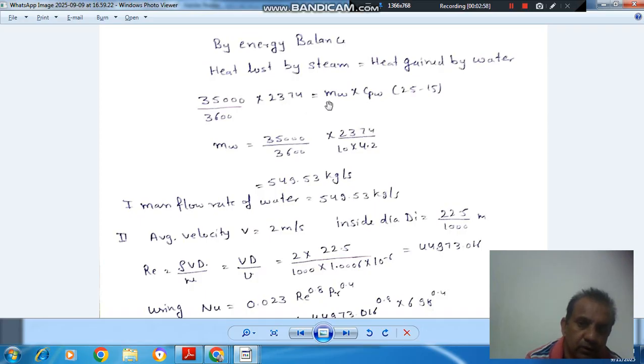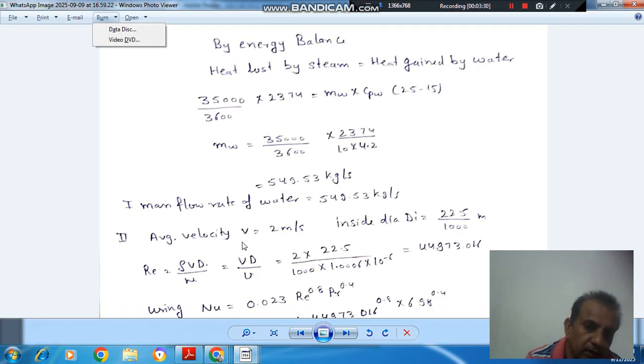So mass flow rate of water is m_w, and c_pw is the specific heat of water, that is 4.2 kilojoule per kilogram, and temperature increase of water is 15 to 25, that is 10 degrees Celsius. So from this we can find out mass flow rate of water, that comes out as 549.53 kilogram per second. So that is the answer to the first question.